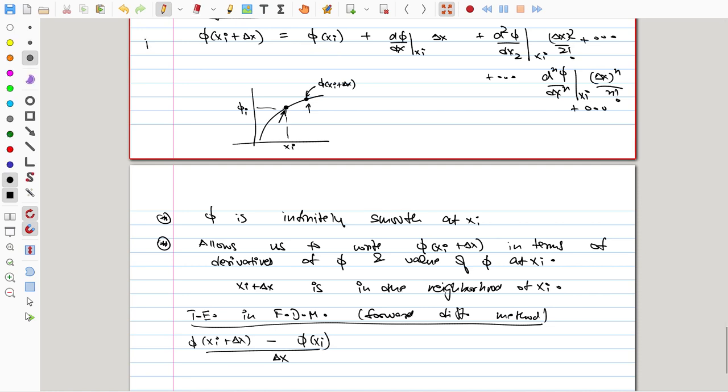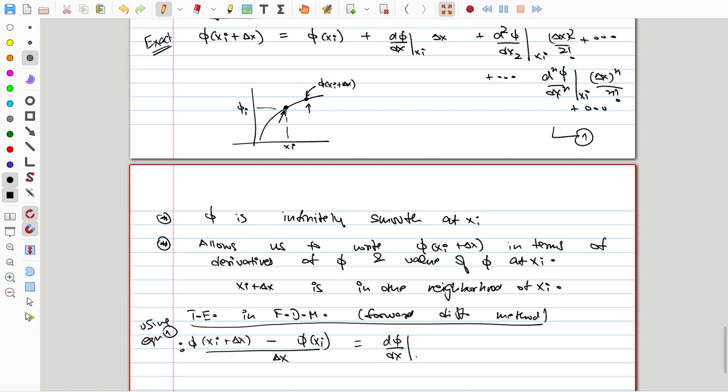And remember, this is exact. There is no approximation here, do not get confused. This infinite terms here, it is exact. So, if I play around with this equation number 1, I can get this. On the right hand side, we will have d phi by dx at xi.